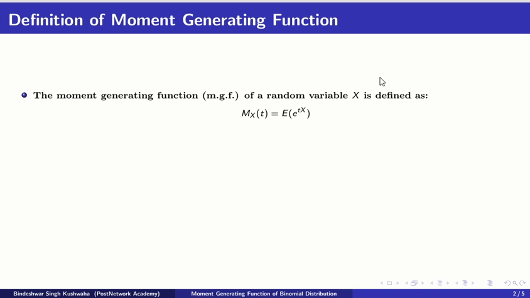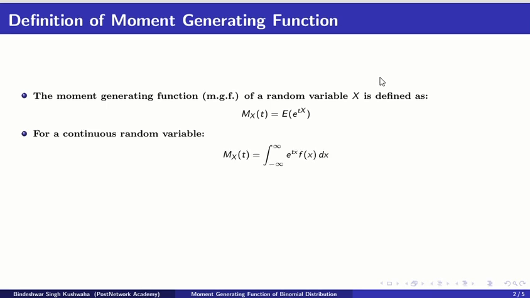The moment generating function of a random variable x is defined as M subscript x of t, the expected value of e raised to tx.